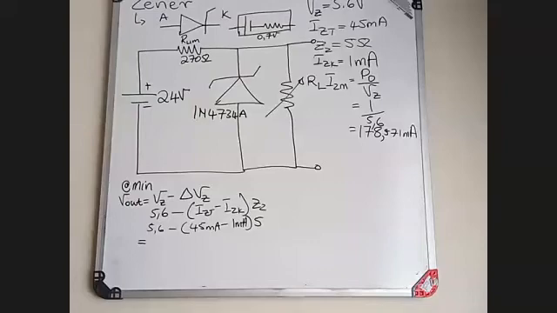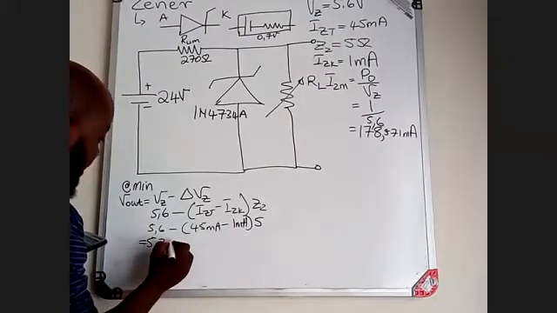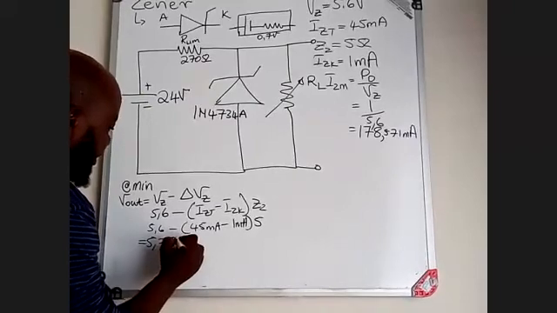Which means that one is going to be 44 milliamps, exponent minus 3, multiplied by 5, which is 5.38 volts.